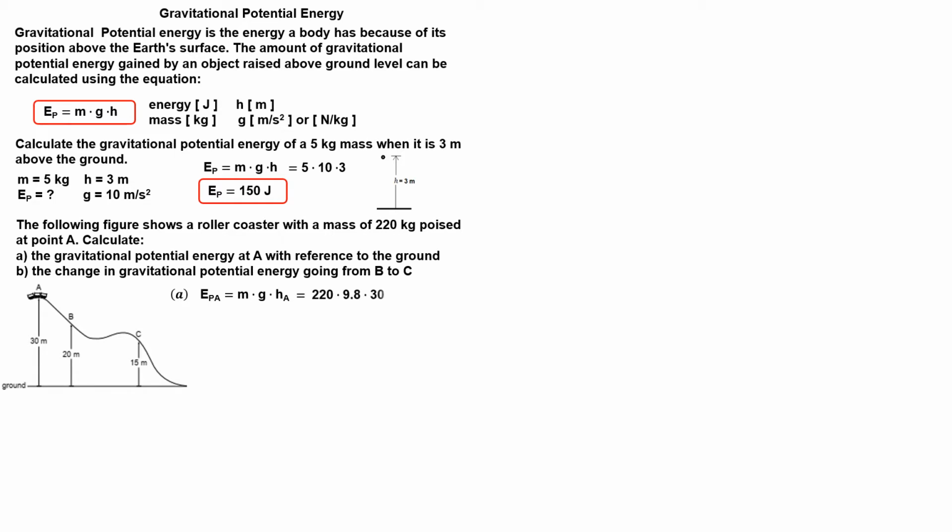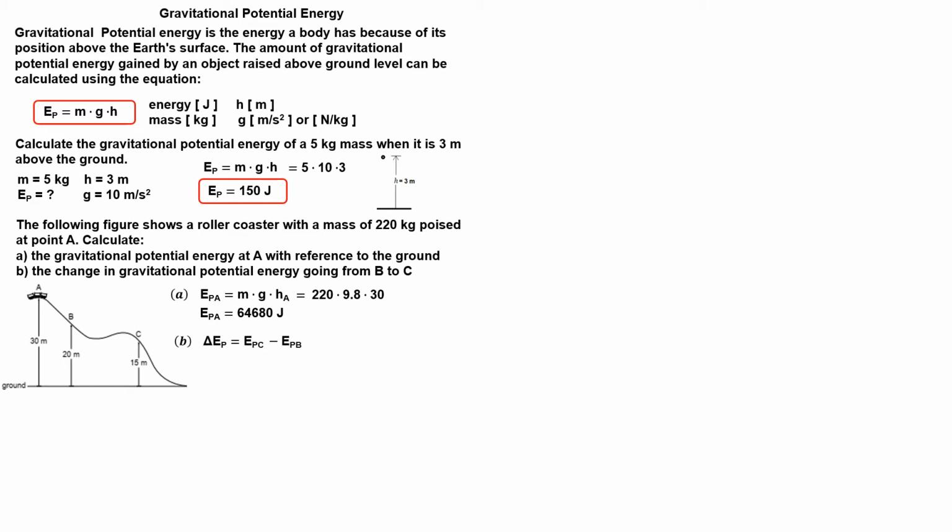Replace mass with 220, gravity with 9.8 and height with 30 to perform the calculations. The gravitational potential energy relative to the ground is 64,680 joules.